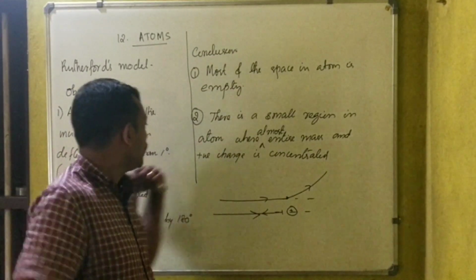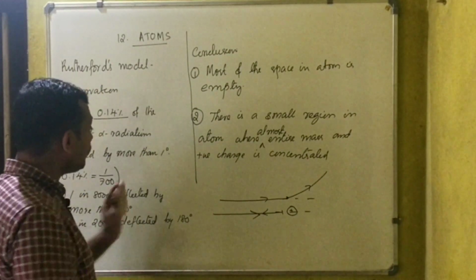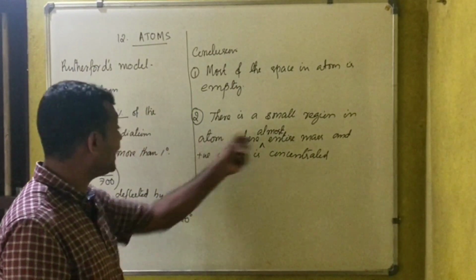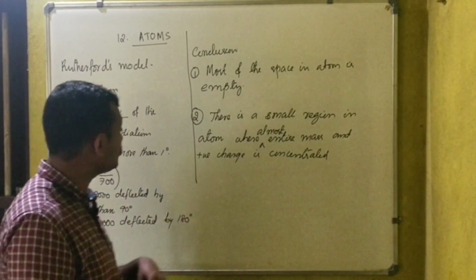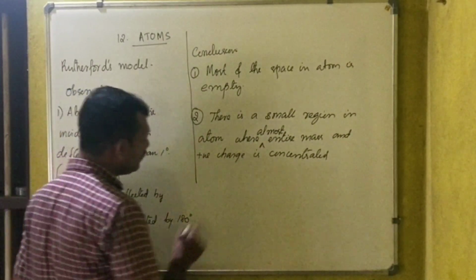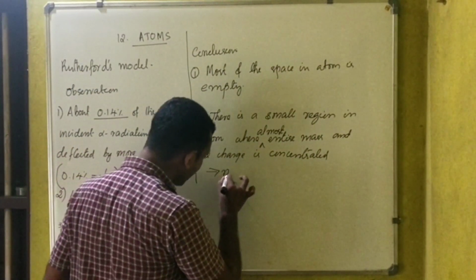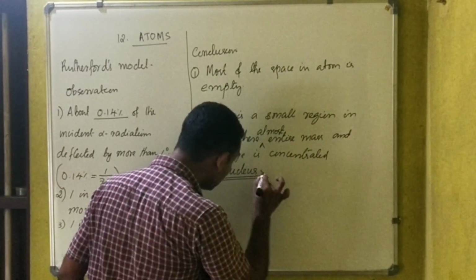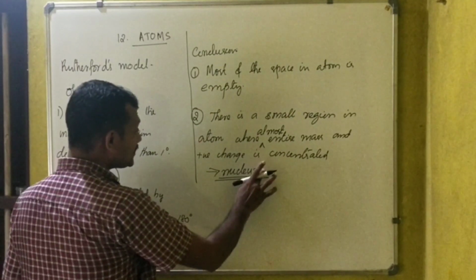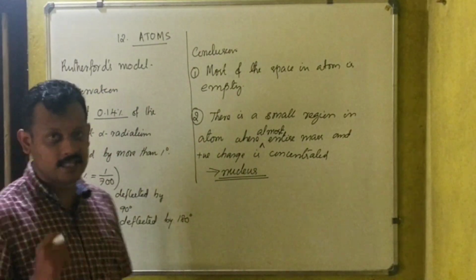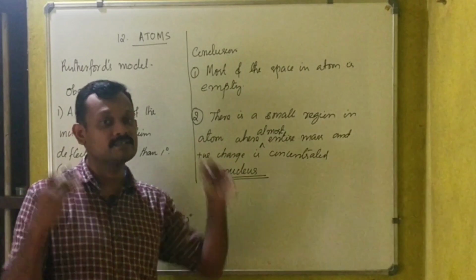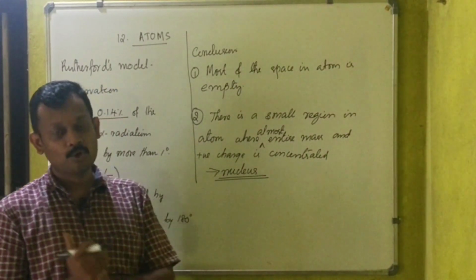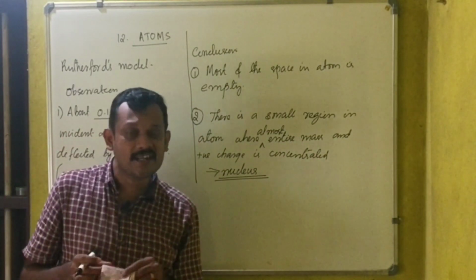That is why we say almost the entire mass and the entire positive charge of the atom is concentrated in a small region. And Sir Ernest Rutherford called that region of the atom the nucleus. So please understand, one of the important features of this atom model is that it proved the existence of the nucleus. What is the significance of Rutherford's atom model?